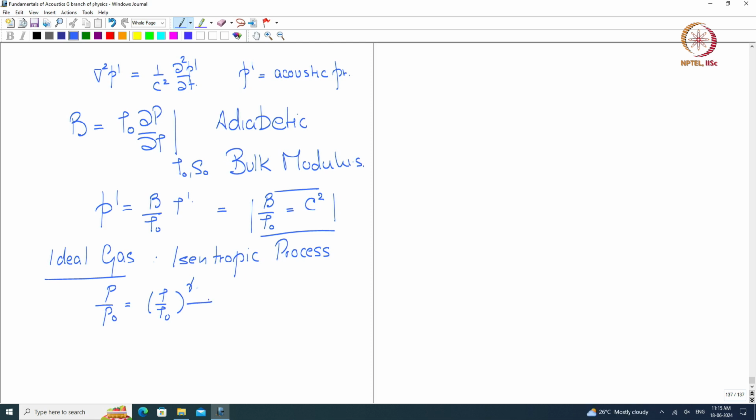So from here if we extract P is equal to P0 rho by rho 0 to the power gamma and del P by del rho is equal to P0 gamma rho to the power gamma minus 1 by rho 0 to the power gamma.